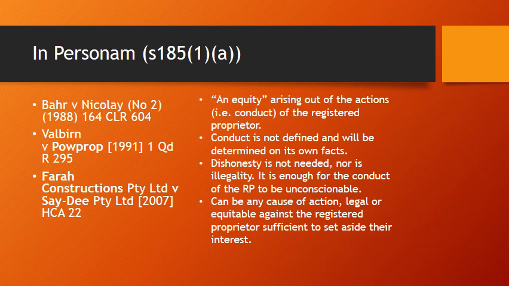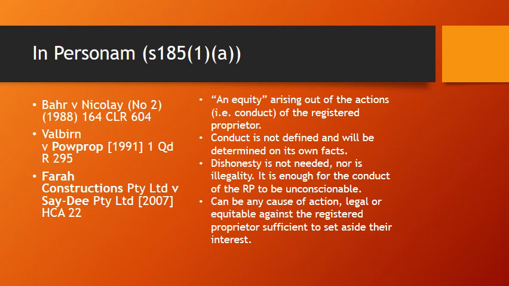What we're talking about is this broad concept that would be unconscionable or otherwise inequitable or unfair for a person to obtain an interest and then turn around and say, because of the benefits of 184, I no longer respect these unregistered interests.